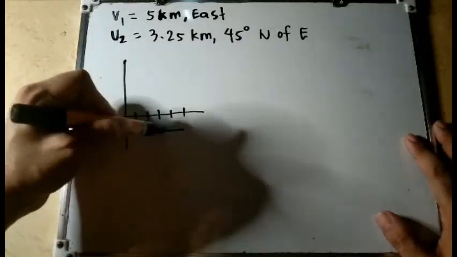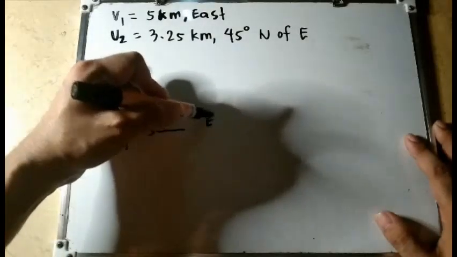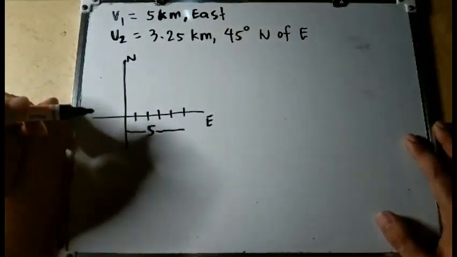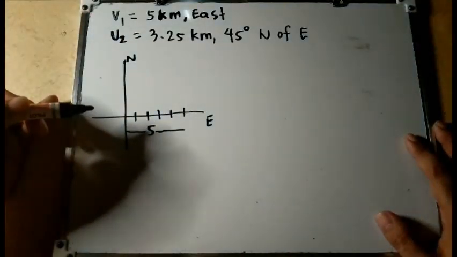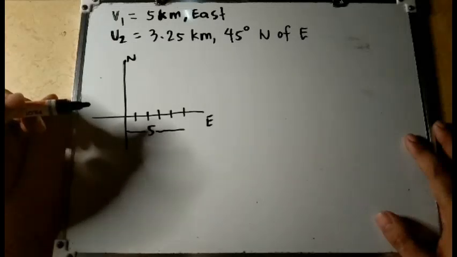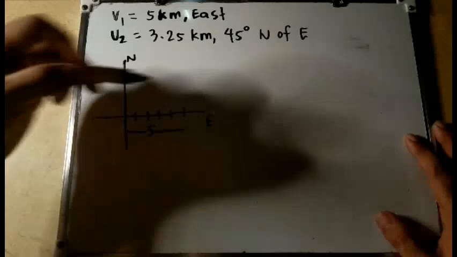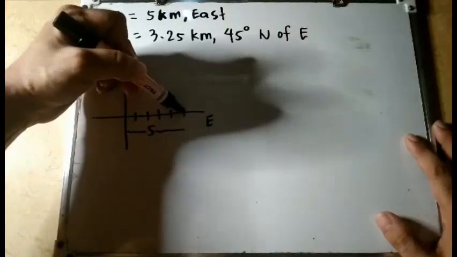East siya. So dito yung east, diba? Then north. Then we have north of east. So that means from east to north. Okay? So 45 degrees north of east. So that means east to north. 45 degrees.